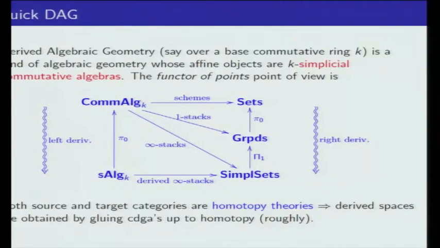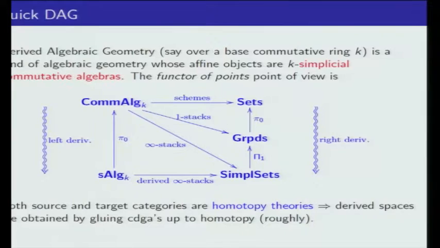And this is the functor of points point of view, but there is also another approach by Lurie. A scheme can be viewed as a functor, but it can be viewed also as a ringed space, and what Lurie does is generalize this point of view. So a derived stack would be, in his case, an infinity topos with a structure ring spectrum on it.